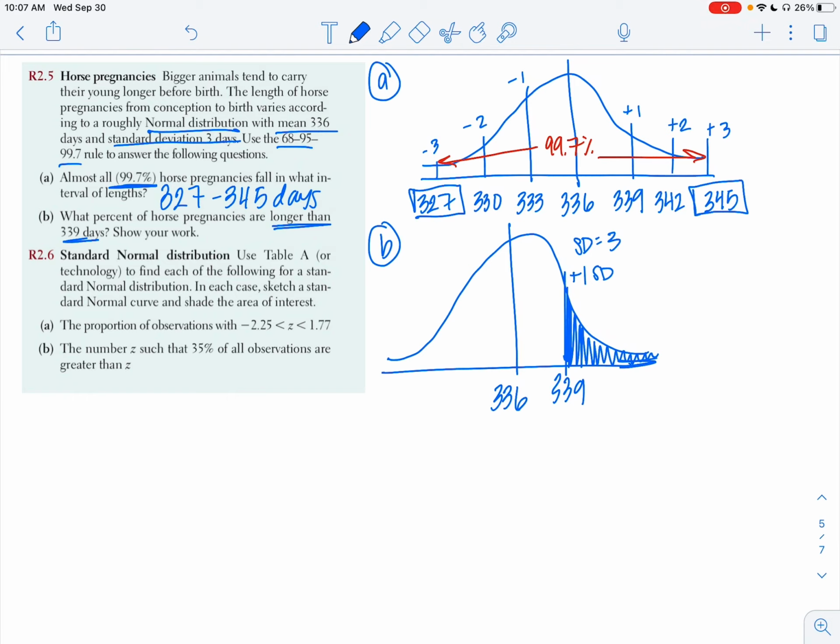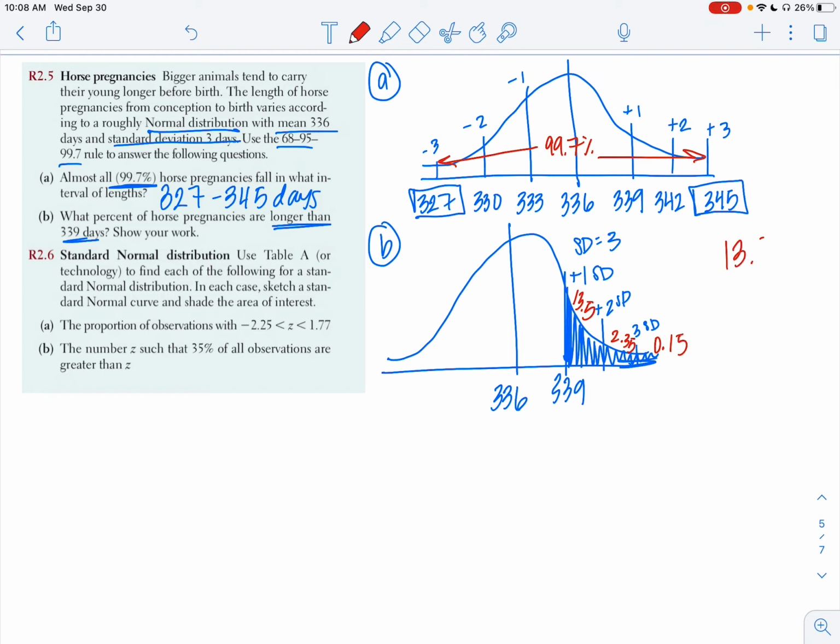So we have 1 standard deviation, 2 standard deviations, and 3 standard deviations. I'm going to change colors so we can see the value between 1 and 2 standard deviations is 13.5%. Between 2 and 3 is 2.35, and greater than that is 0.15.